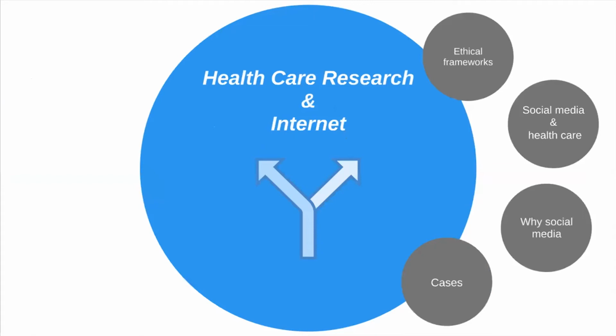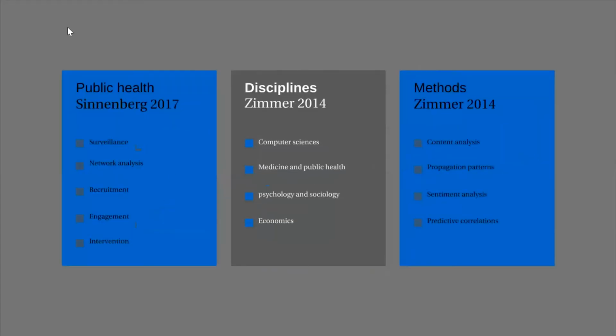So when we talk about research, what kind of research are we talking about? We are talking about collecting data from different social networks, especially from Twitter. And this can be, for instance, public health research. Sinnenberg did a systematic review of what kind of research is done with data retrieved from Twitter.